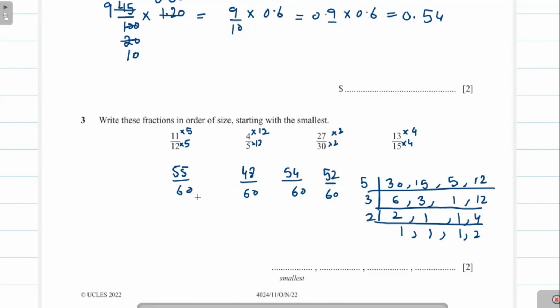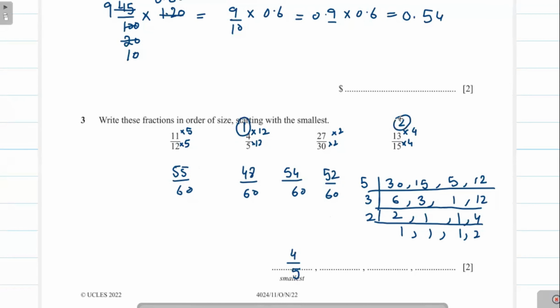Now you see here the denominators of all these fractions become the same. Now we see that the numerator of the second fraction is the smallest. This is the first value. We write here 4 over 5. And next is the 52 over 60. That is the last value.